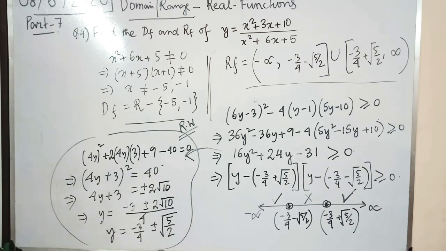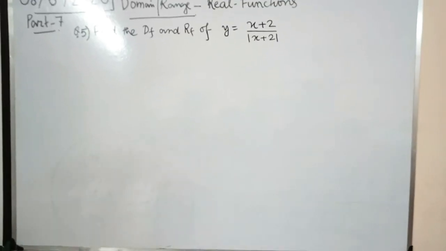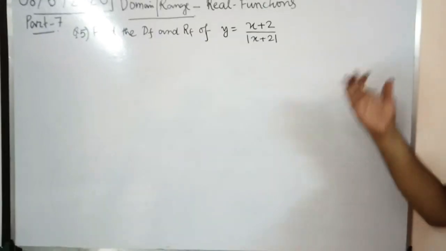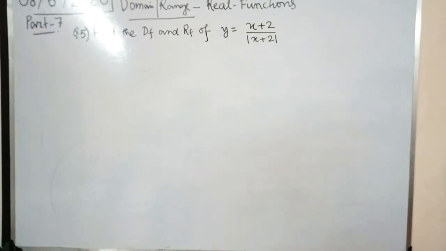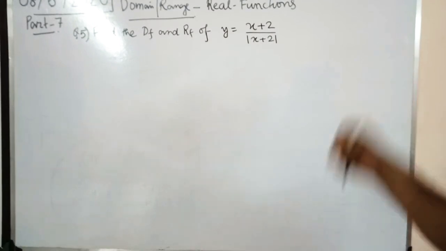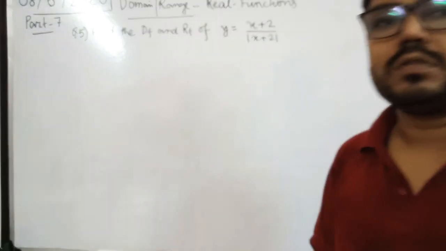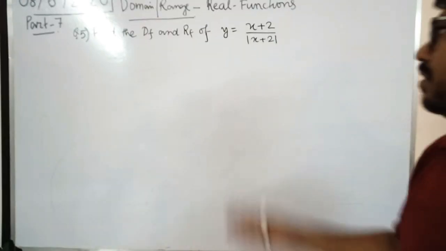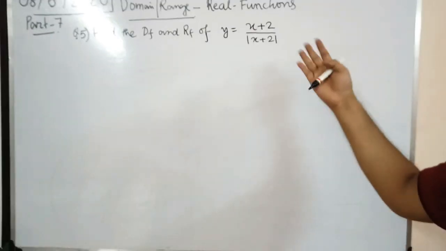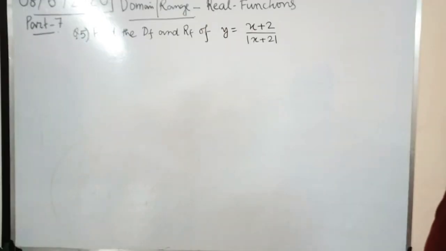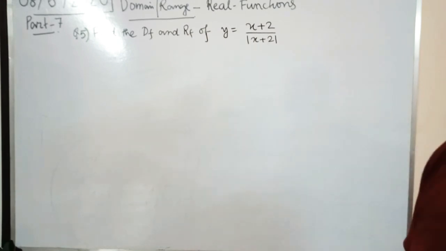Okay, next sum we will see in number 5. So number 5 we get a mod sum. There is x plus 2 divided by mod of x plus 2. Again we have to consider a non-zero denominator. We know that any negative value inside the mod converts to positive. So it will be 0 only if x is minus 2.